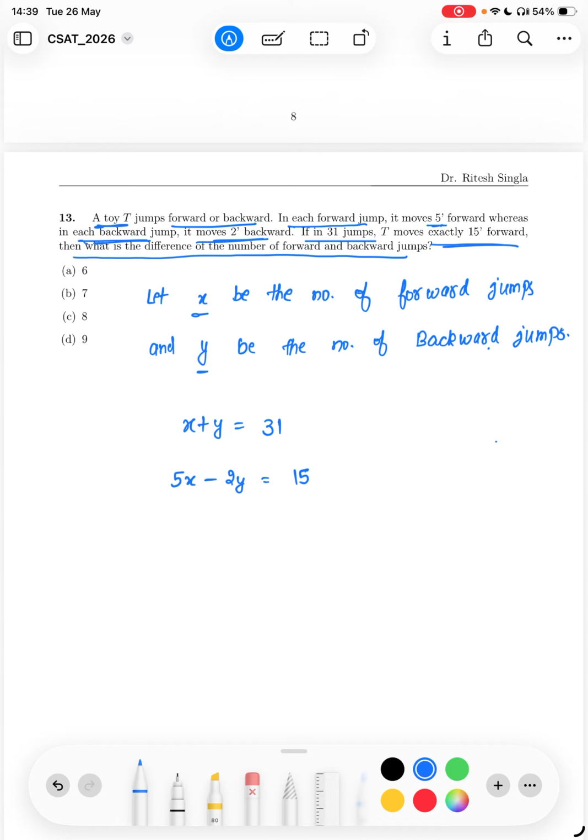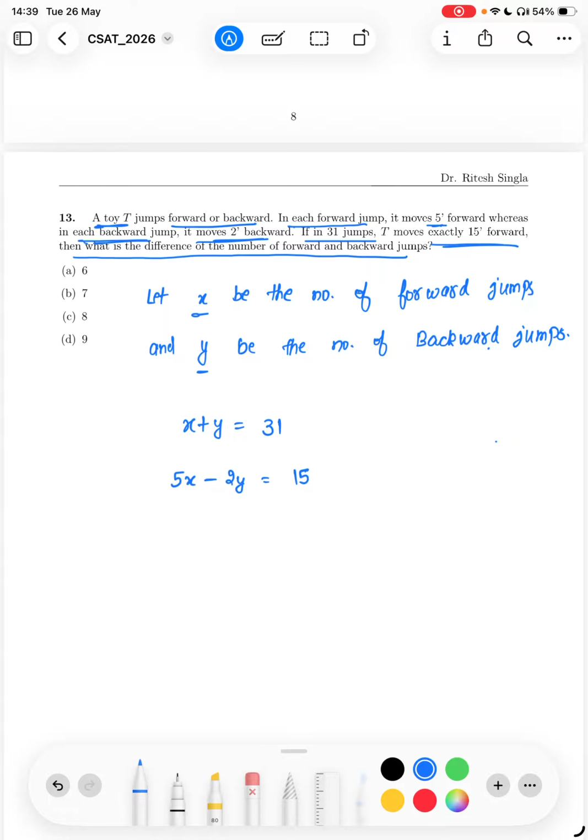The point is we are taking minus here because we want to calculate the position with respect to the initial position. So for example, if he goes one step forward and one step backward, in total he has moved 3 feet forward, right? Because with one forward step he moves 5 feet forward, and with the backward step he goes minus 2, so it is 5 minus 2, 3.